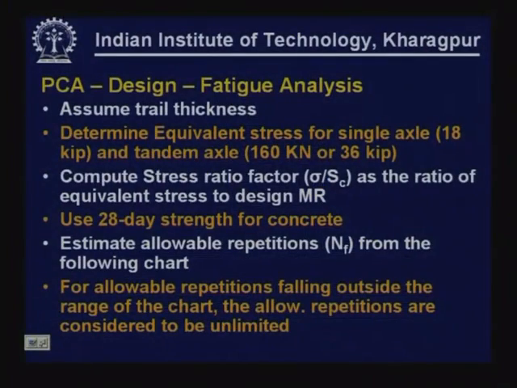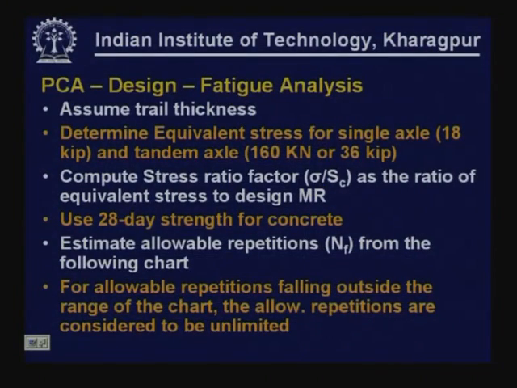Obviously, we will have one stress ratio value for single axle because we have a different equivalent stress value selected from the table for a single axle. Similarly, we will have another value of stress ratio for tandem axle because there is another equivalent stress value that is obtained from the table. For modulus of rupture value, we use 28 day strength.